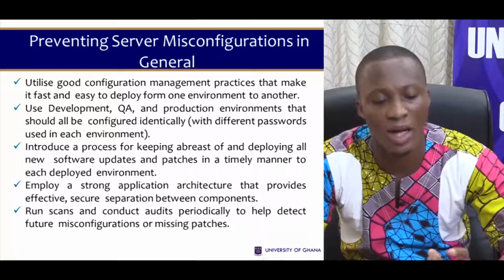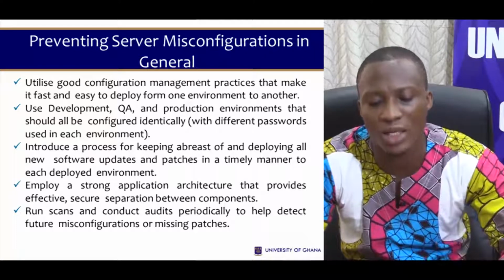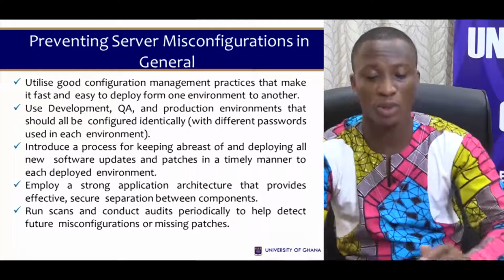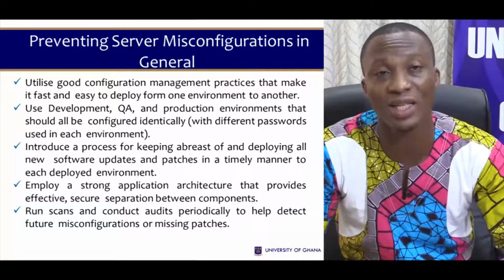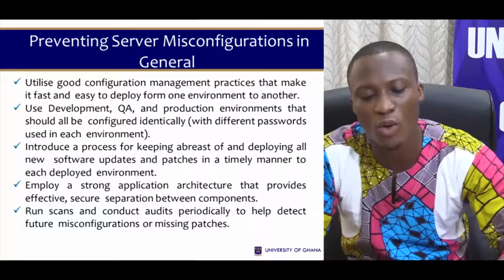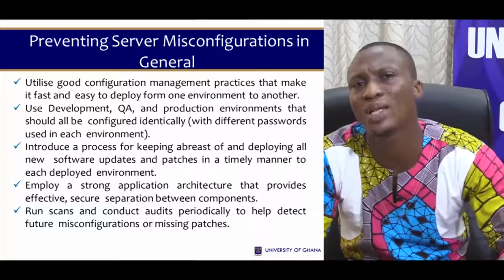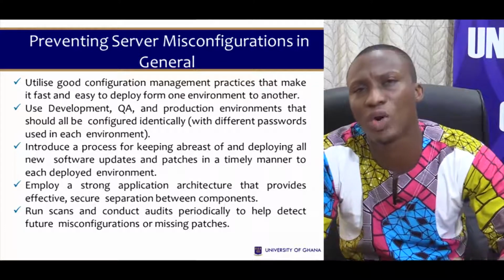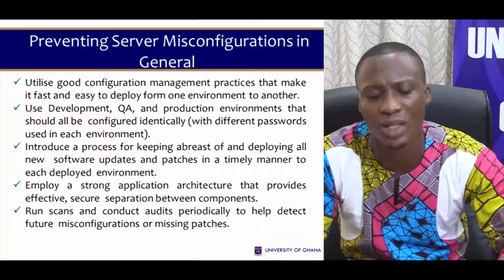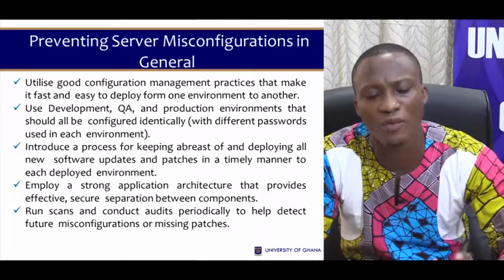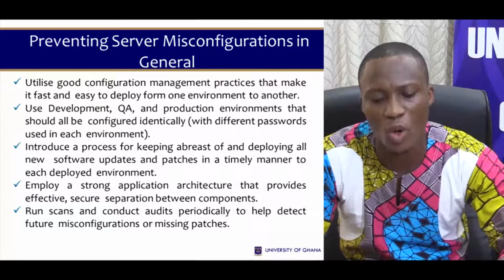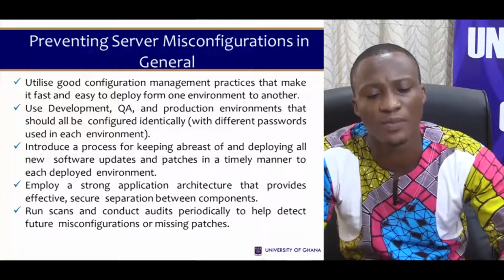Now, we should employ a strong application architecture that provides effective, secure separation between components. We can also run scans and conduct audits periodically, and this can help detect future misconfiguration or missing patches.